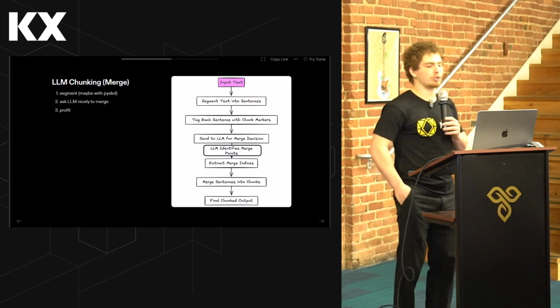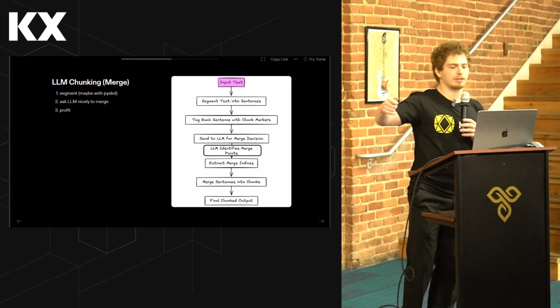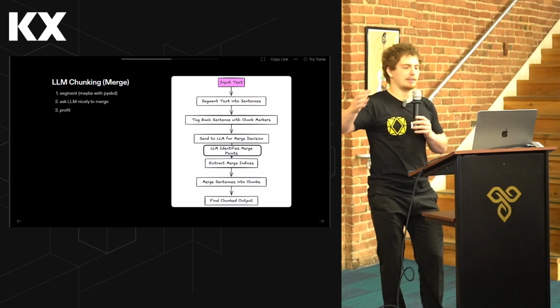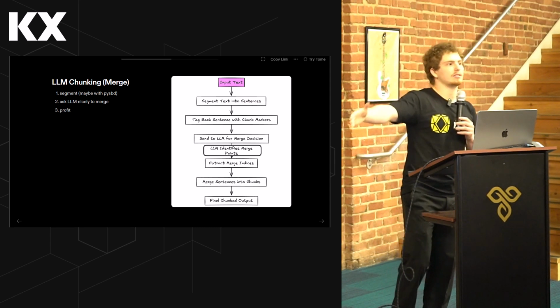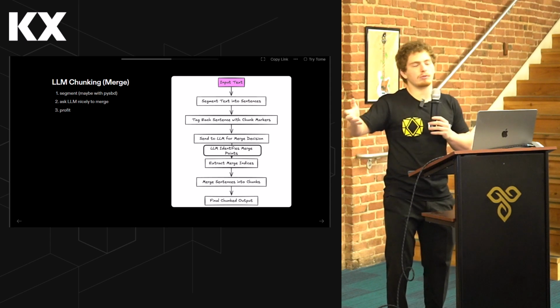Once you tag each sentence with chunk markers, you send it to an LLM, which makes a merge decision. The LLM identifies merge points, extracts merge indices, and then merges these sentences into chunks. So what comes out is almost a human-level chunked output.